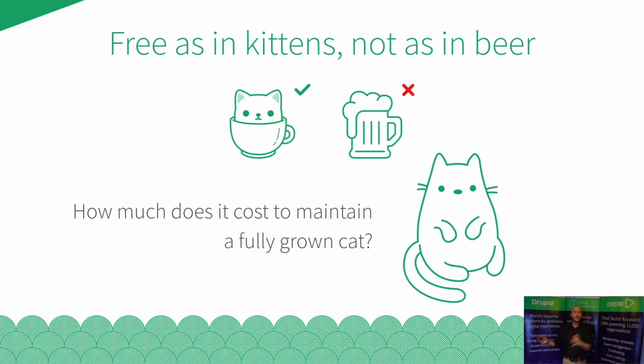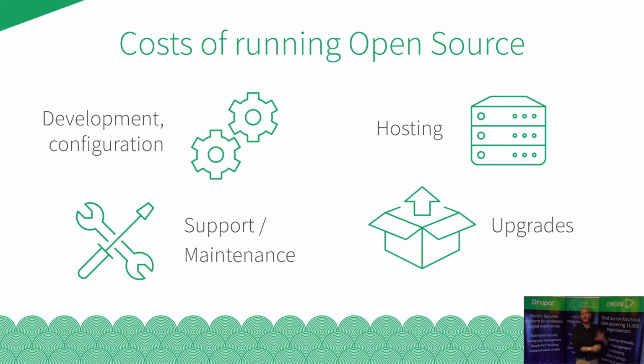So there are running costs for open source, like I said, development and configuration, and then through its life, you're going to have to think about hosting and support, maintenance and upgrades. But in terms of cost, it's still a huge benefit because it's going to do exactly what you need it to.